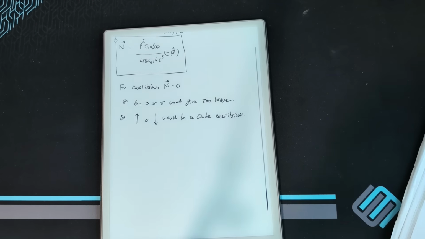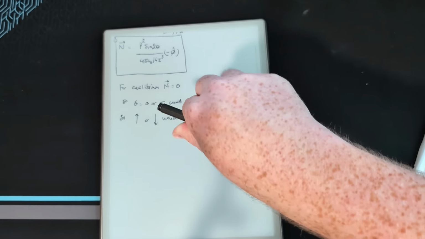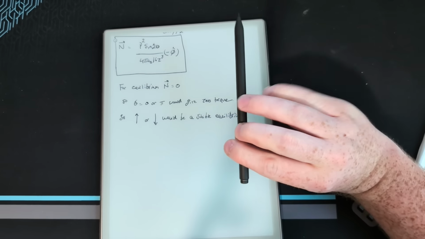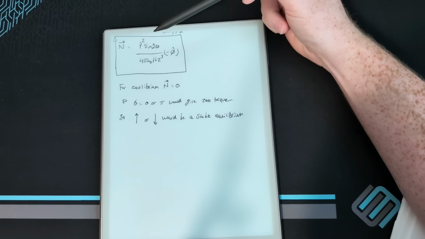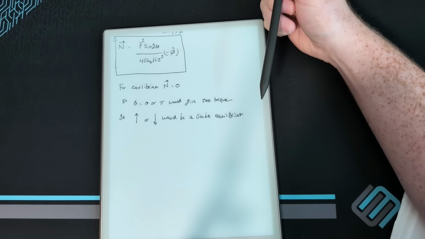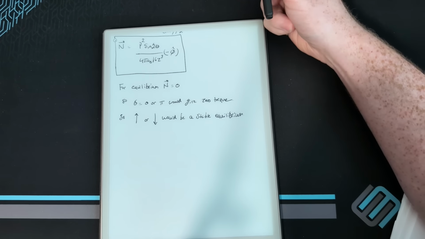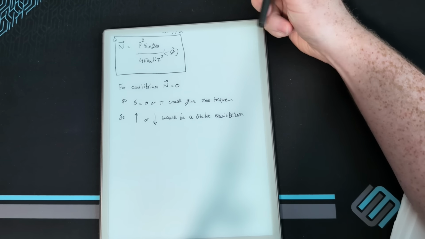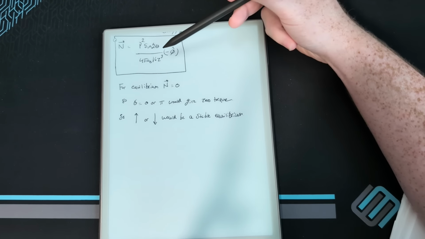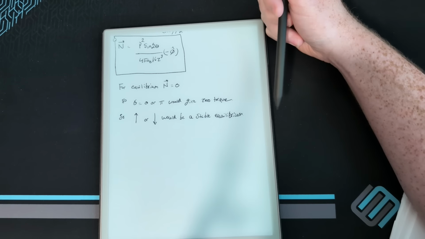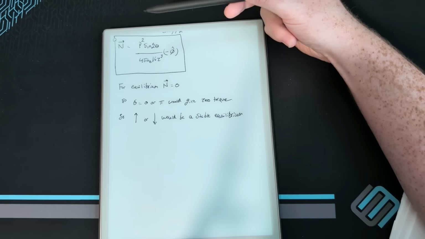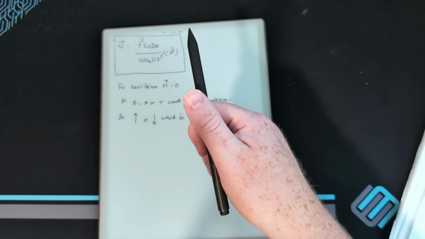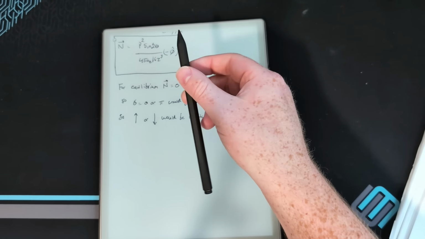And then the problem asks us at what orientation the dipole will reach an equilibrium. That's essentially asking at what point we have a stable equilibrium for the torque. So where does the torque equal 0? At what orientation is there no net torque?